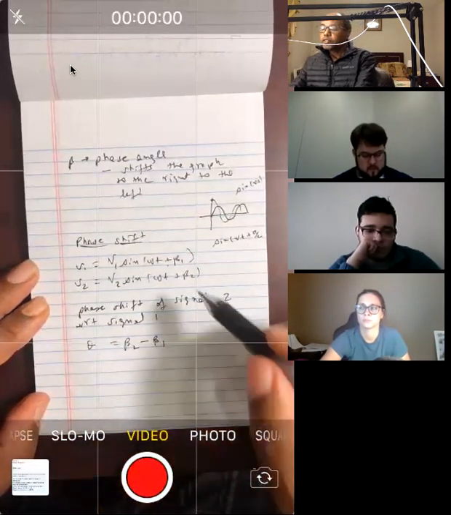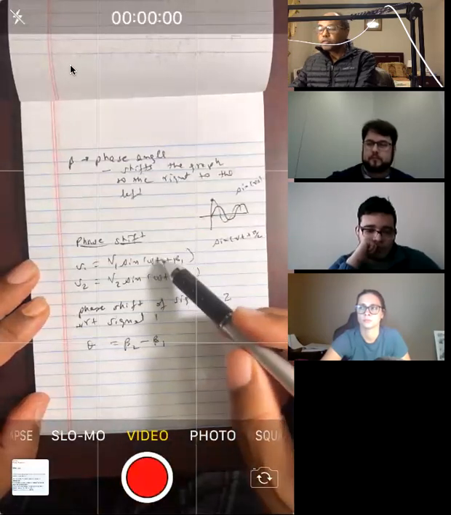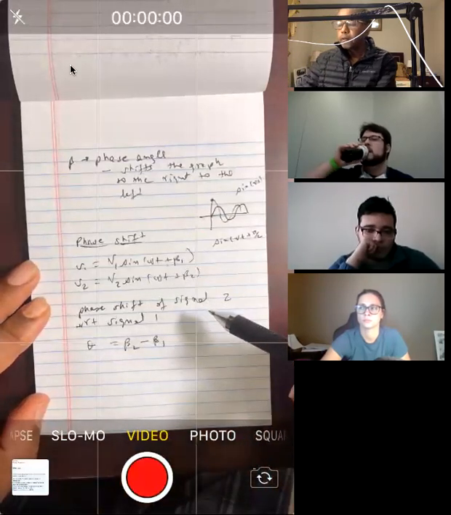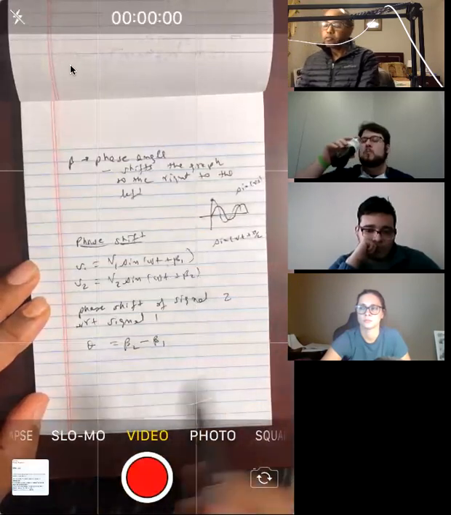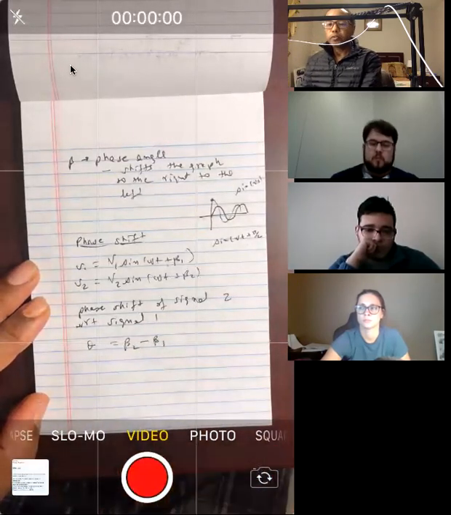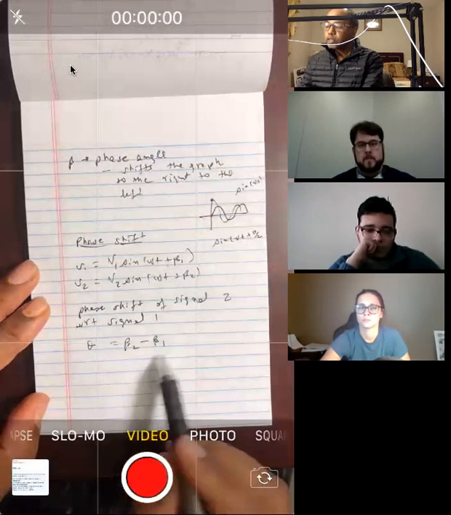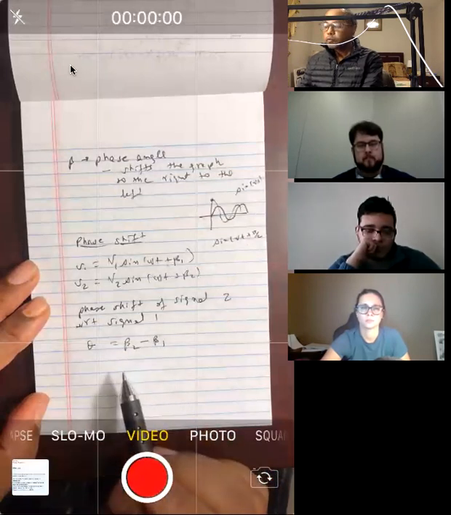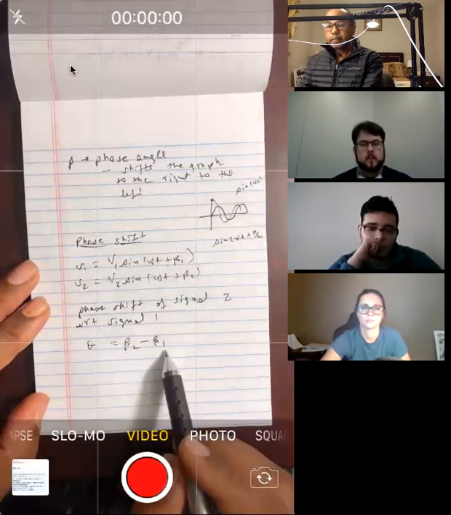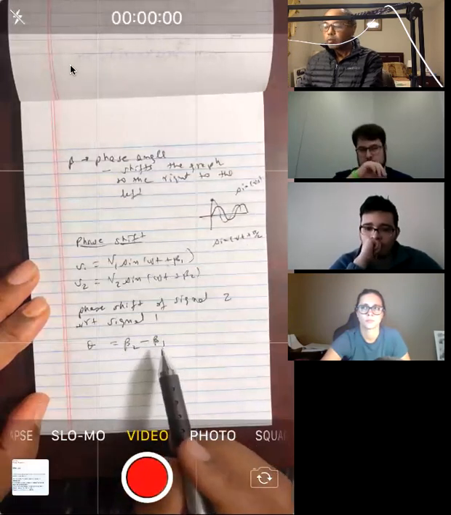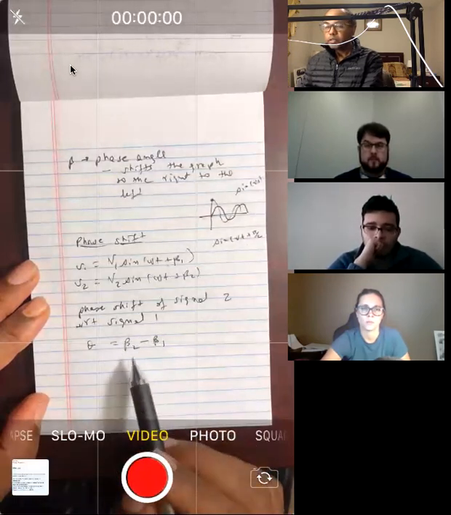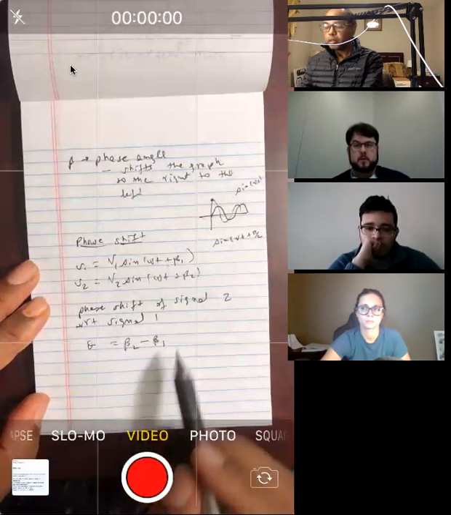So the phase shift between these two signals is simply the difference between their phase angles. If I say phase shift of 1 with respect to 2, then it will be the opposite. If this expression is positive, we say signal 2 is leading signal 1 by this much. But if it is negative, we say signal 2 is lagging signal 1 by this much.